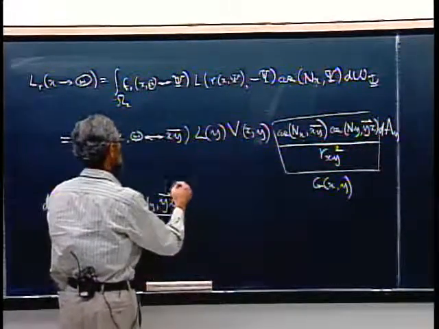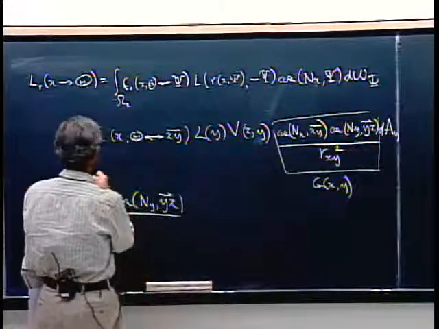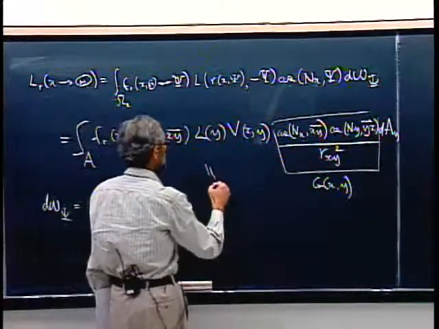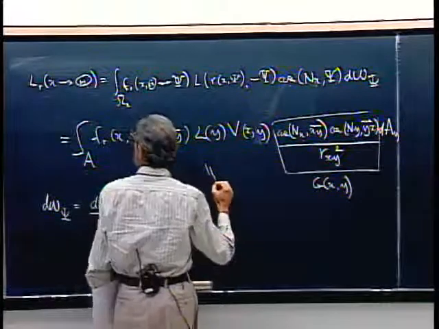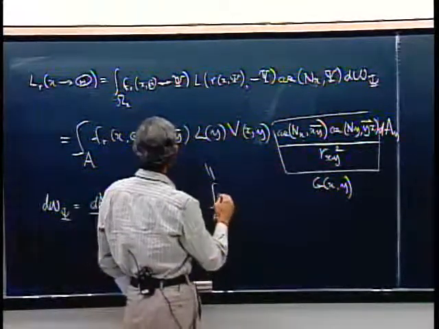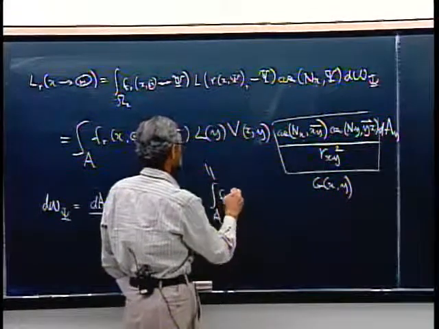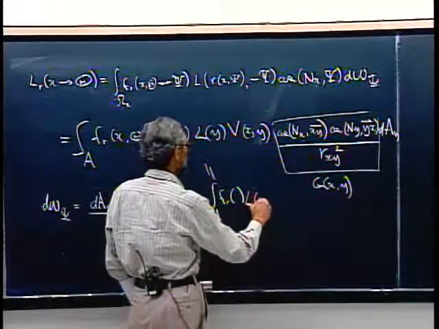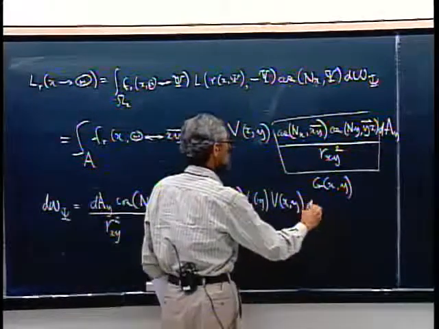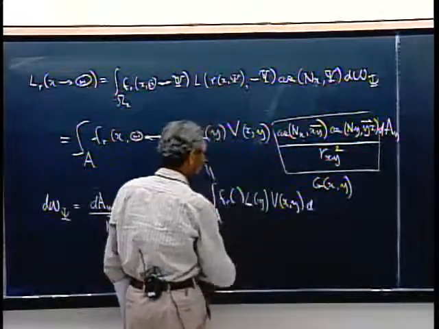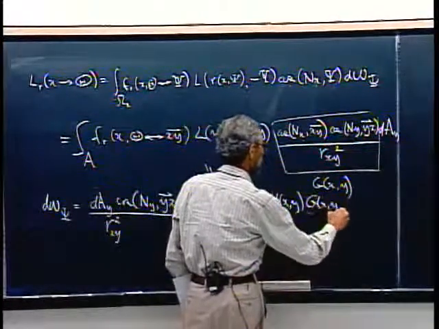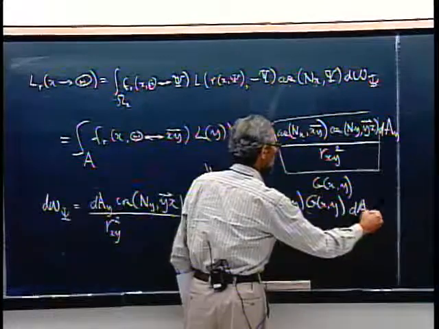So basically this integral then, if I grouped all that as a geometry factor, I would just get for my LR the integral over all surfaces of this bidirectional reflection function times L, V xy, G xy, dAy.